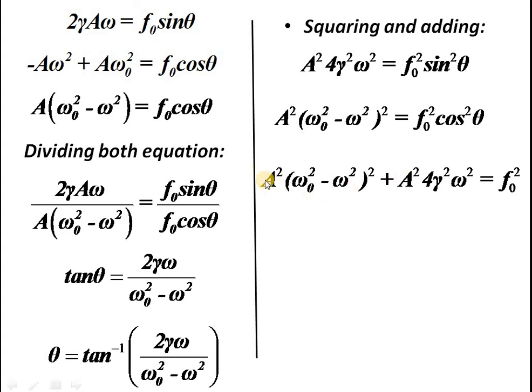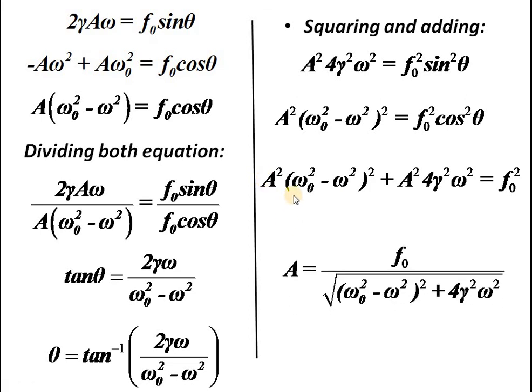So you take the capital A square outside, divide it with the other terms, and when you find a, the square root of the term will come, giving you a equal to f0 divided by square root of omega 0 square minus omega square, all square, plus 4 gamma square omega square.